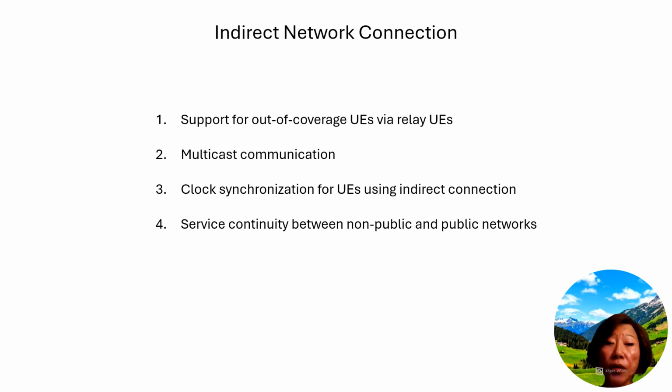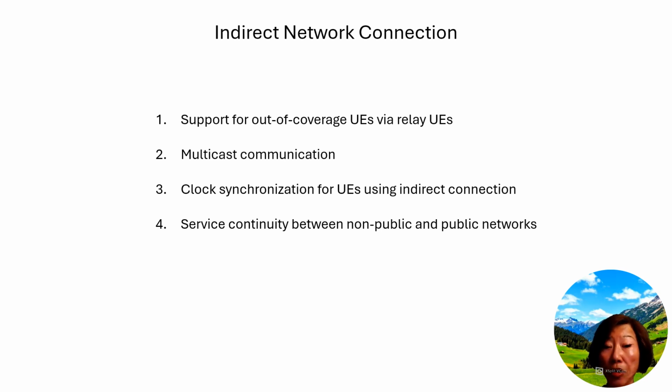The clock sync requirements are even more challenging than direct connection, as the timing information needs to be relayed accurately. The 5G system needs to manage the resource allocation for both the relaying UE and the end UE, ensuring that the relay doesn't become a bottleneck.